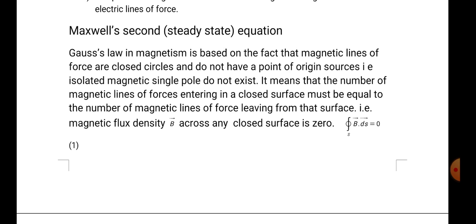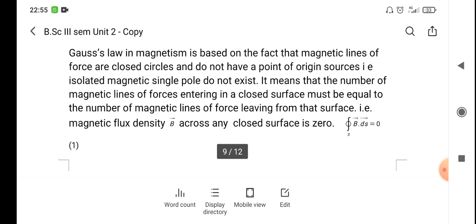In that equation, we proved that the divergence of electric flux density is equal to the charge density. This is the physical significance of Maxwell's first equation.